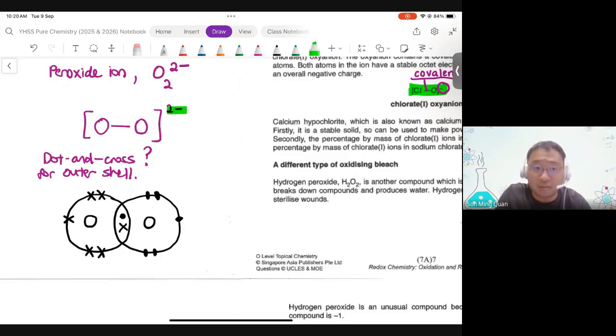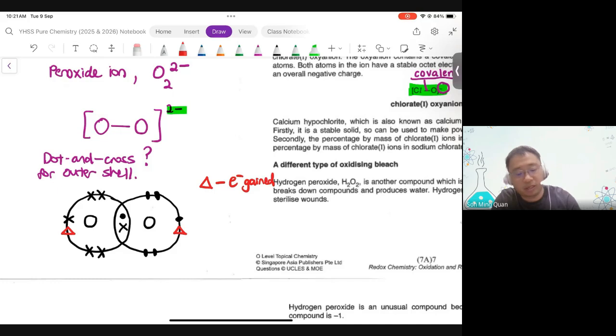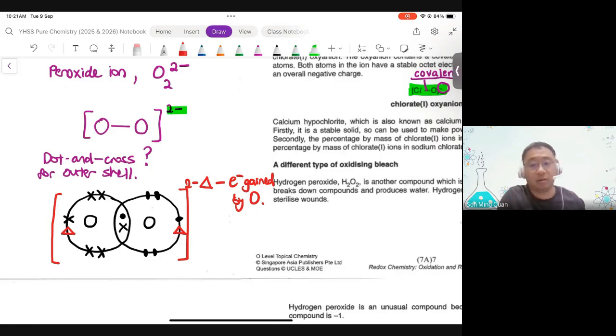Both oxygen atoms are still 1 electron away from achieving a fully filled outermost shell. Hence, both oxygen atoms need to have gained 1 electron each. And let's not forget, square bracket, 2 minus, the charge must be in the top right corner. Now this, ladies and gentlemen, is 2023 O-level.